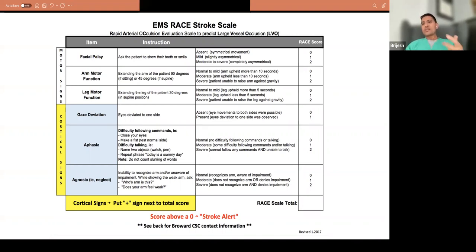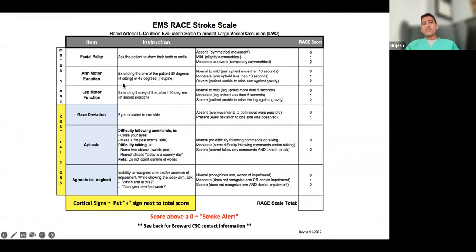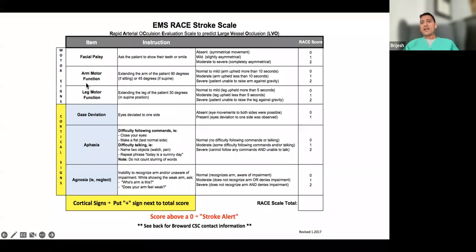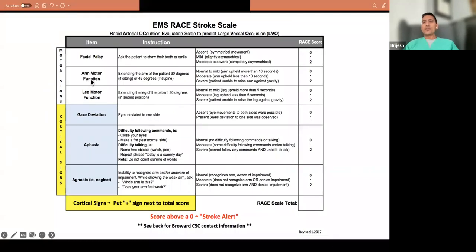However, those are the most difficult patients to examine because they may not be able to follow your arm strength and leg strength assessment as quickly, right? Because if they're not understanding what you're saying, then they're going to have a hard time when you ask them, okay, hold up your arm or hold up your leg.